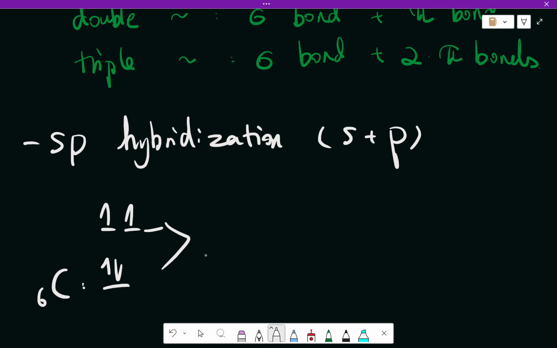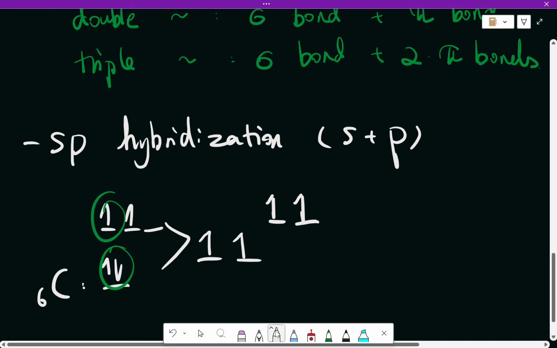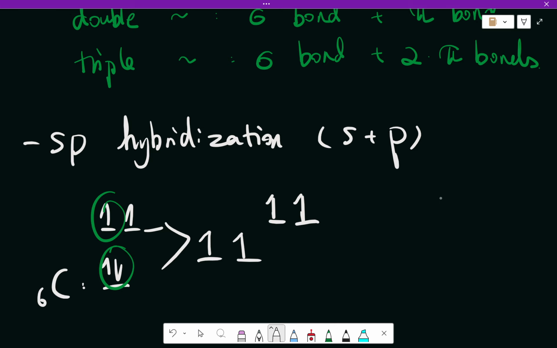And when we hybridize them, we would hybridize this one and this one, and we would put 2 here, so it would be 2 half-filled, and then we would have 2 unhybridized 2p orbitals. It's still 2 electrons.